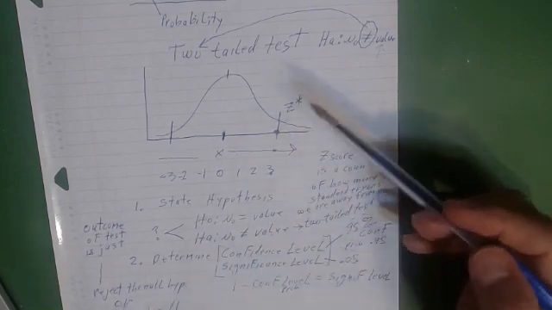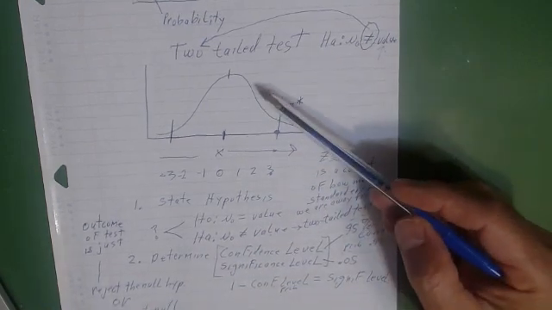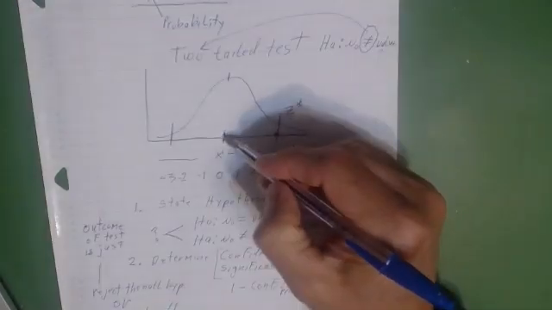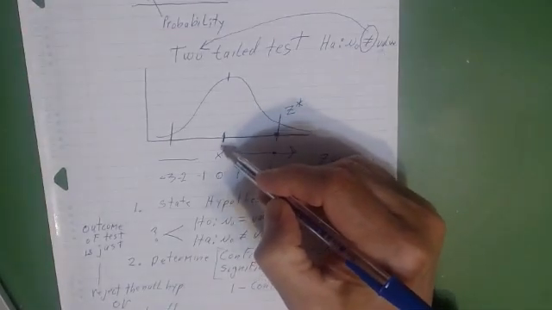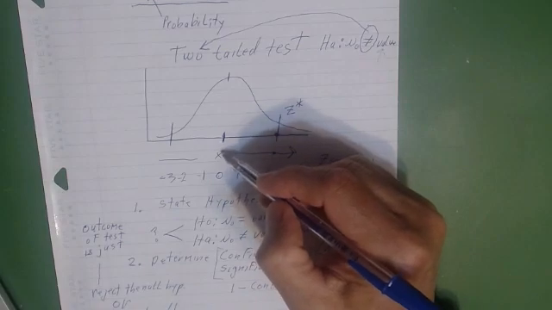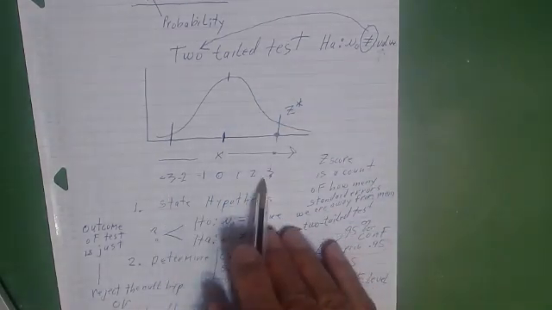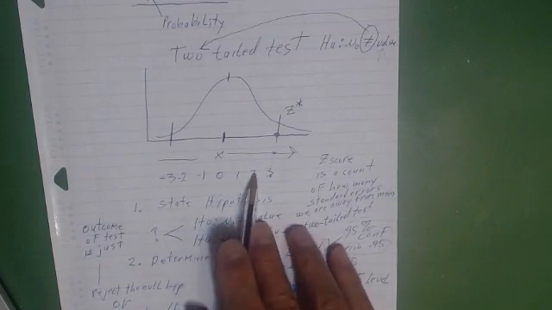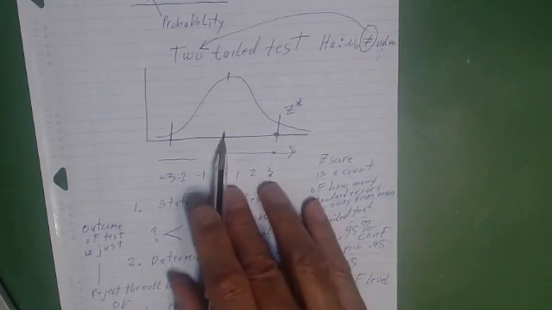And this is true whether you're talking about means testing or proportions. If you're talking about proportions, then this value would be p naught. It would be the population proportion. But Z or T is just a count of how many standard errors you are away from this value.